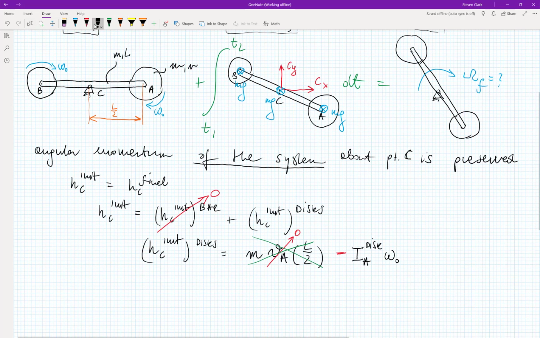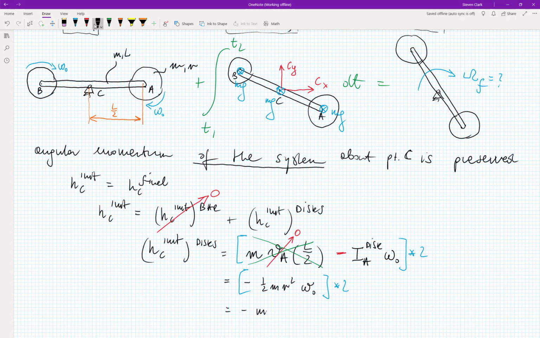Right? Okay. So we will basically end up with minus 1/2 m r squared omega 0. And as I promised, I will multiply it by 2 because we have 2 disks. Times 2. So the actual answer is minus m r squared omega 0.